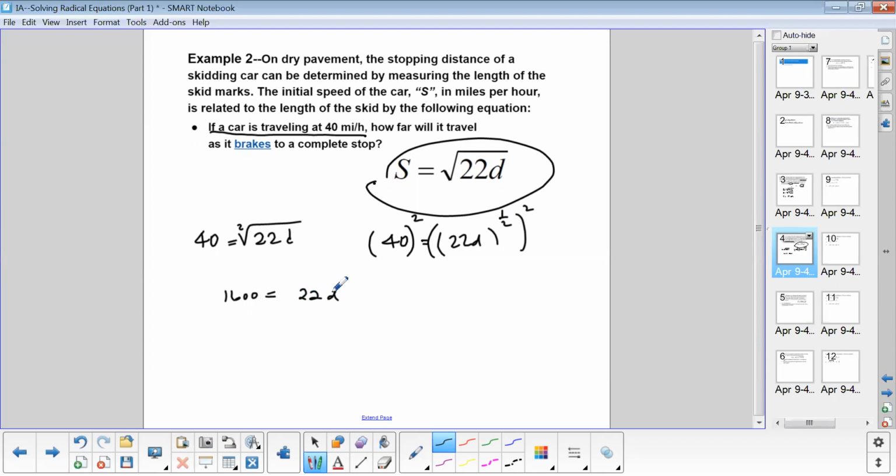And then I want to take 1,600 and I want to divide it by 22, and I'm going to get approximately d is equal to, saying how far will the skid mark be. So it's about approximately 73 feet with 40 miles an hour.